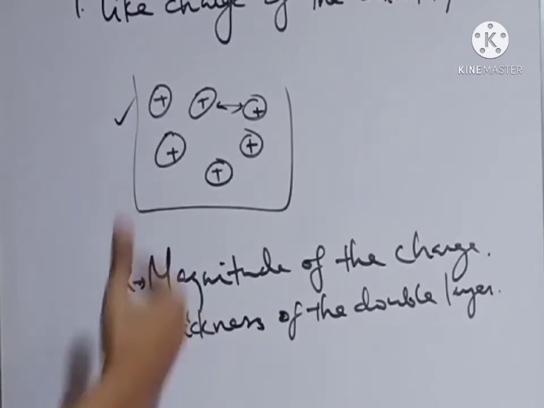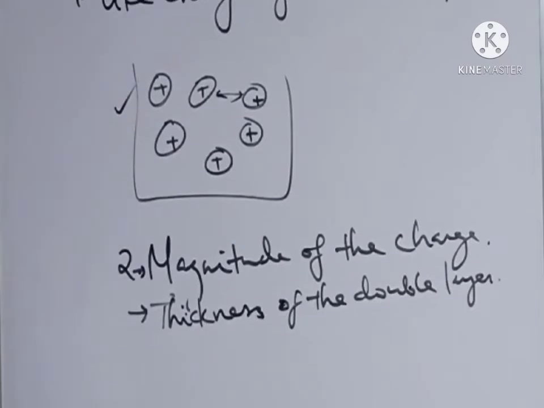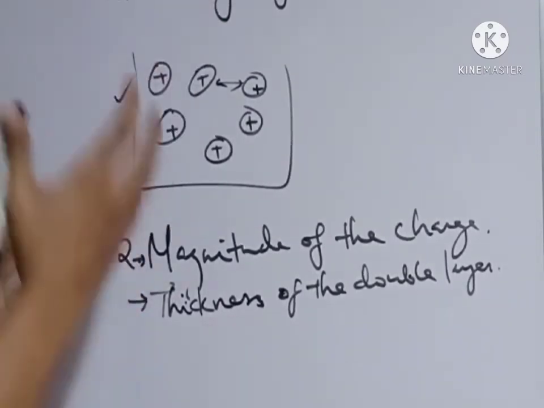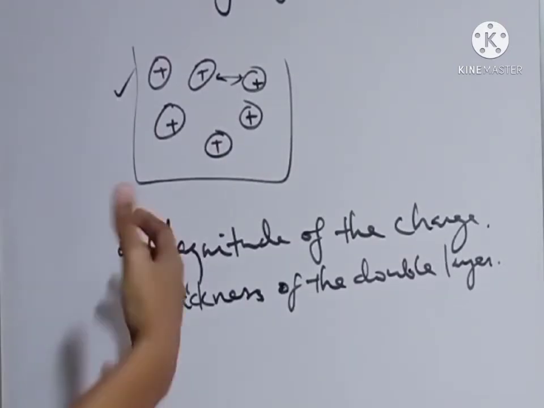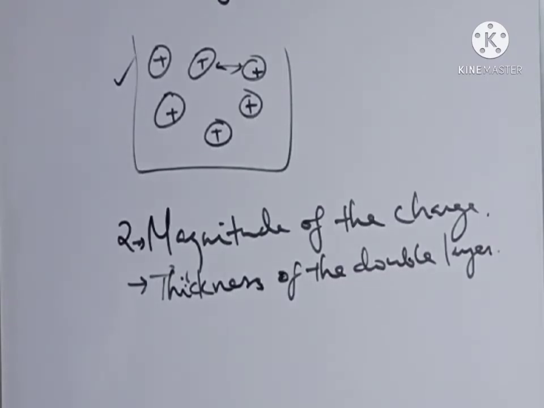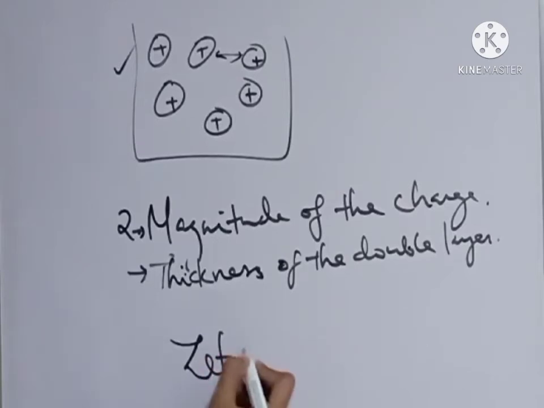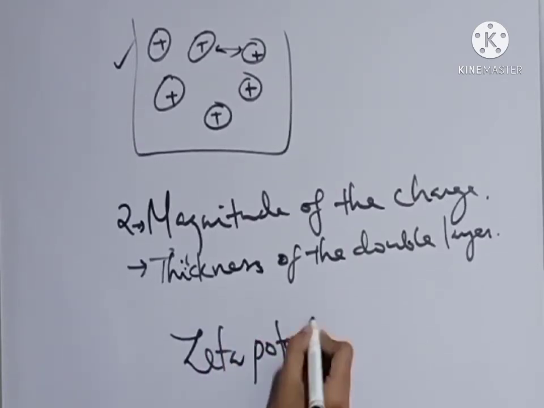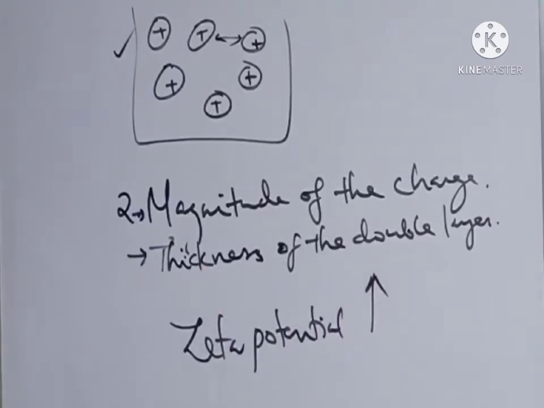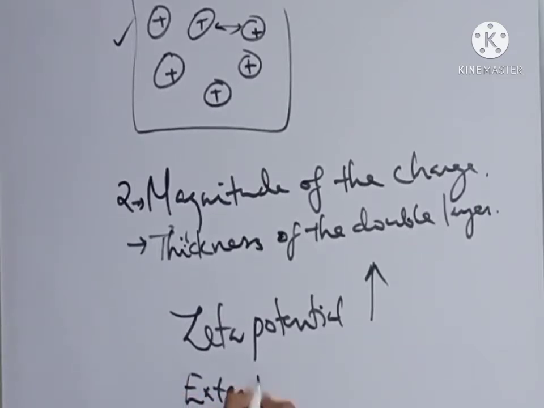So how does the magnitude of the charge help to prevent coagulation? If the repulsive force between these particles is very high, then they will never coagulate. Coming to the thickness of the double layer, if the thickness is high, that is, if the zeta potential is high, then the extent of coagulation will decrease.